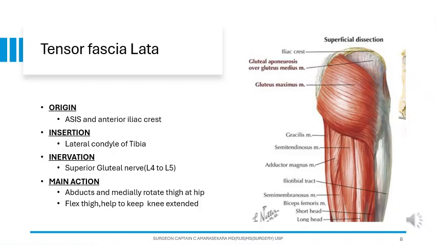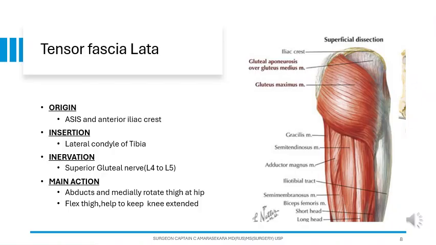The origin of the TFL is from the ASIS, anterior superior iliac spine, and the anterior part of the iliac crest. From this origin, it descends vertically and blends into the iliotibial tract, a thickened band of fascia that runs along the lateral thigh.